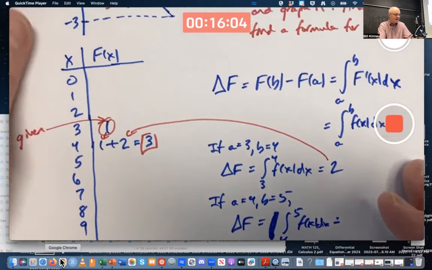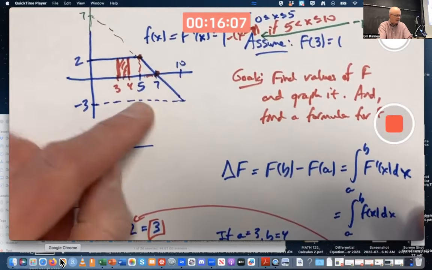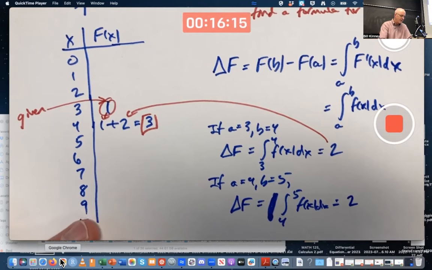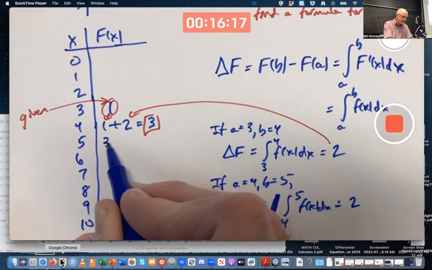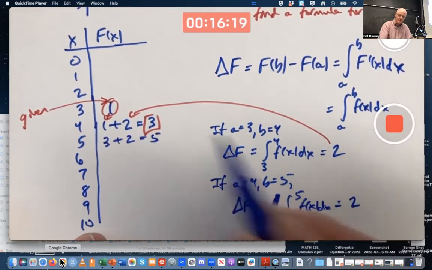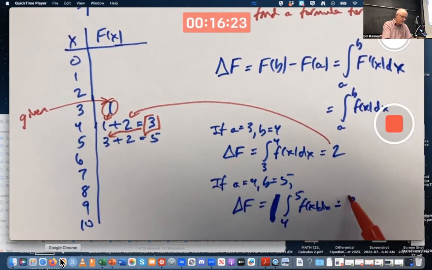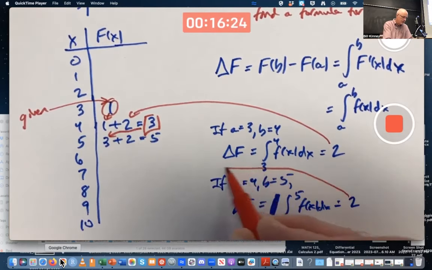But the graph of little f is still constant at 2 when x is between 4 and 5. So that integral, that area, is still 2. This is a 2. So the new answer is 3 plus 2, which is 5. The 3 comes from this 3. The 2 comes from this 2. The new value of capital F is 5.